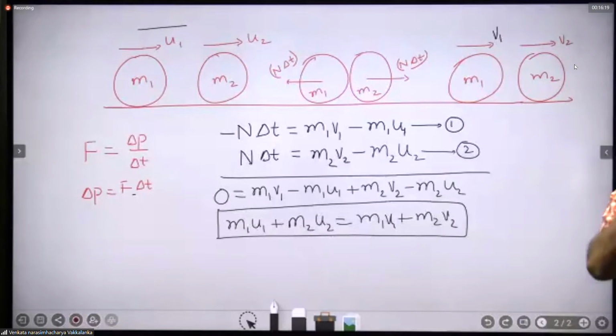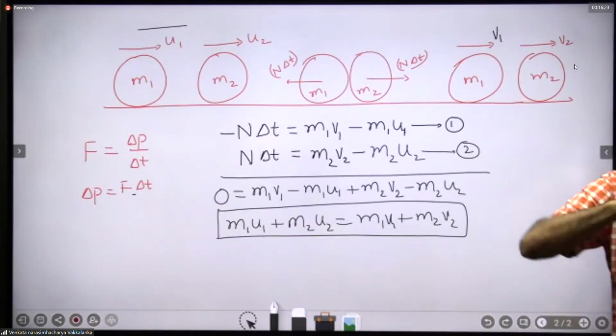So you consider right as positive direction and left as negative, no? Yes.